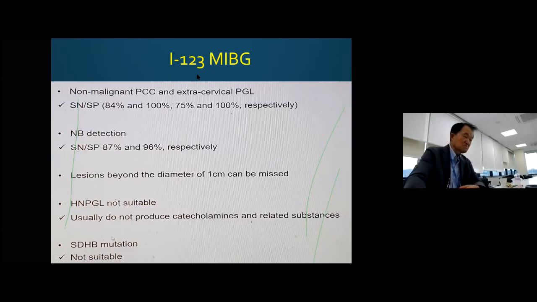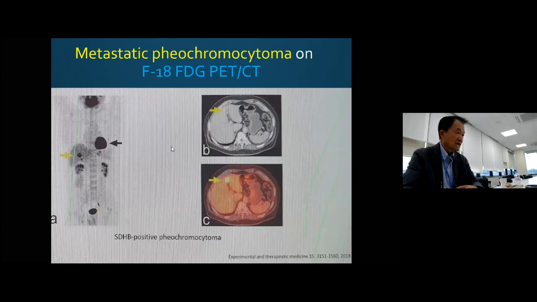So we use a small dose to save money, and that's sometimes a small lesion miss. And certainly FDG sometimes shows a very aggressive tumor metastasis. It's this gene positive.